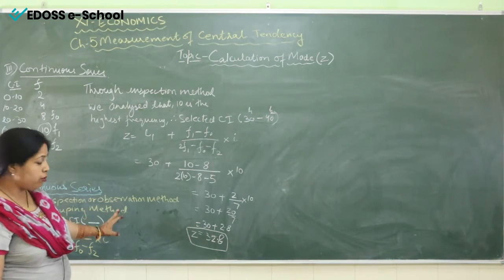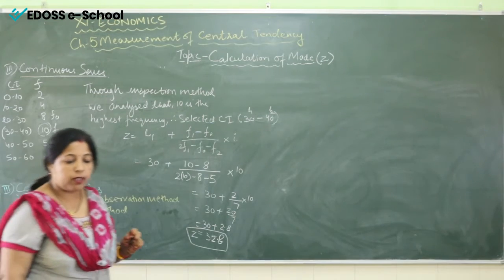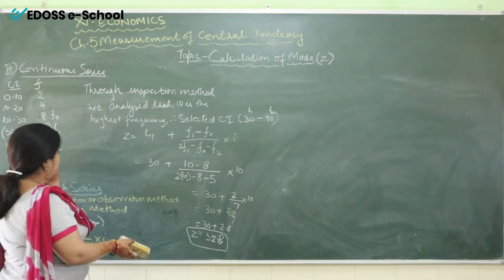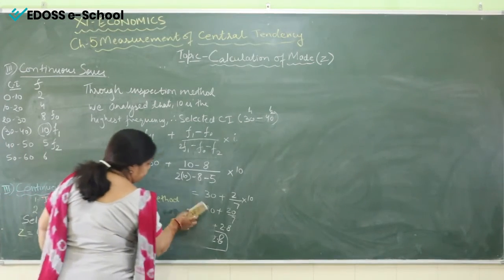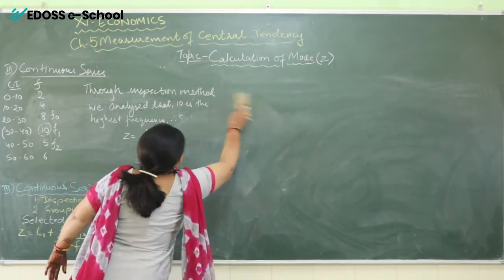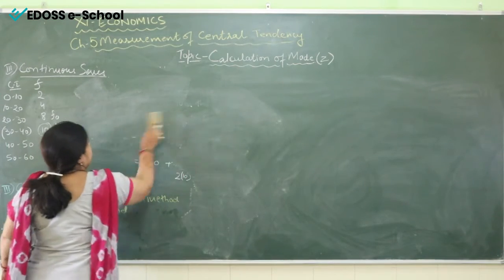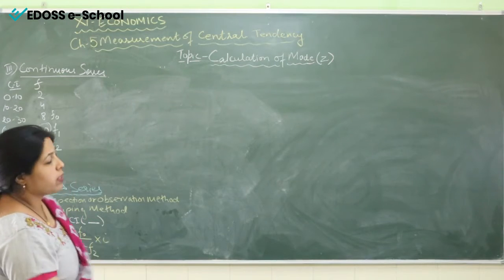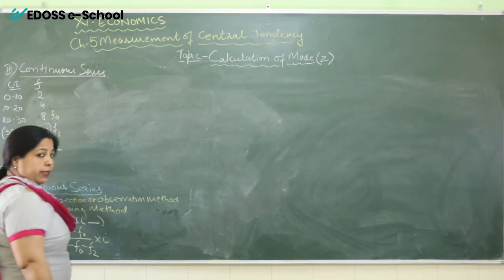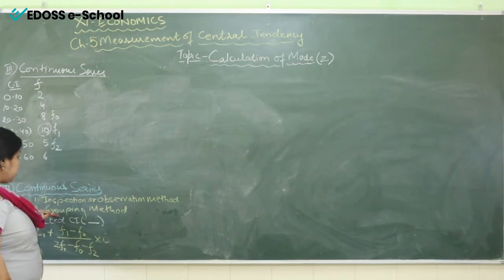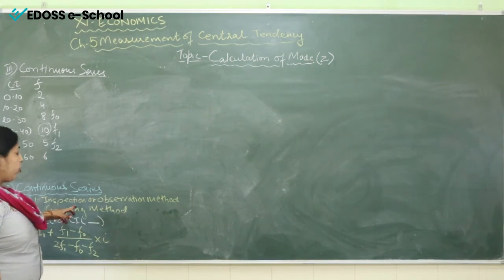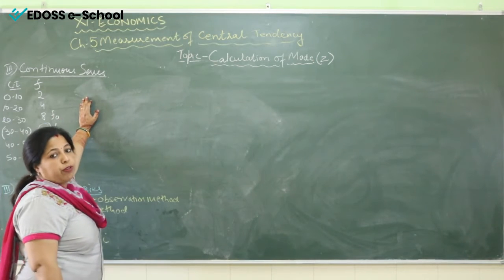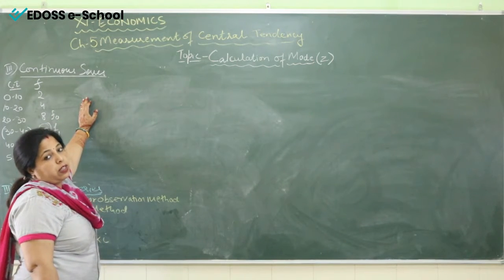Now we are going to use the grouping method. In the grouping method, a grouping table is used. So I am rubbing this part. Fine. Now what is the next step? The next method is to calculate the continuous series according to the grouping method, and we will follow the same method which we used in the discrete series.